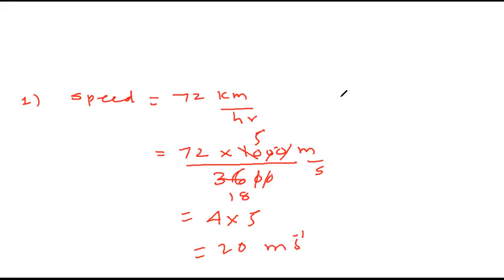You can also learn this by heart. 1 kilometer per hour is equal to 5 by 18 meter per second.